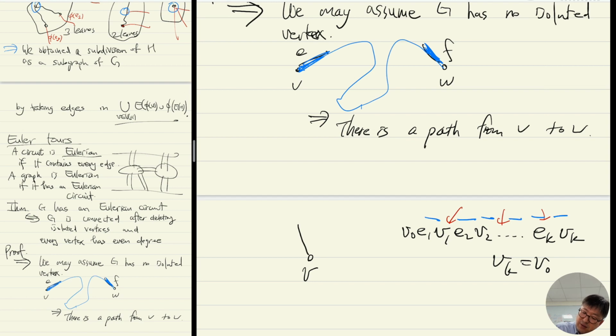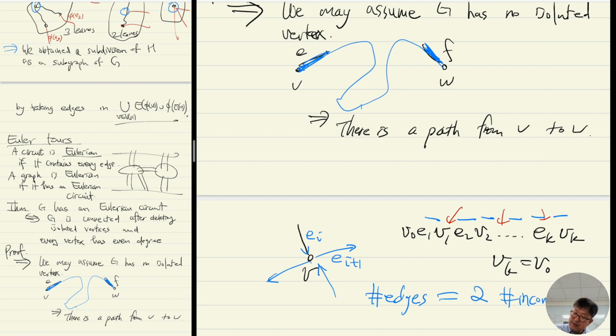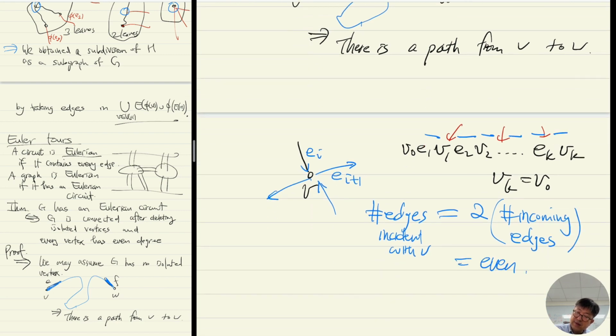So for V, if you come in by Ei, then you go out by Ei plus 1. And you can pair them. So whenever you have an edge incoming, you must have an edge outgoing, and those edges are not repeated. So the number of edges incident with V is equal to twice the number of incoming edges. So this is even.